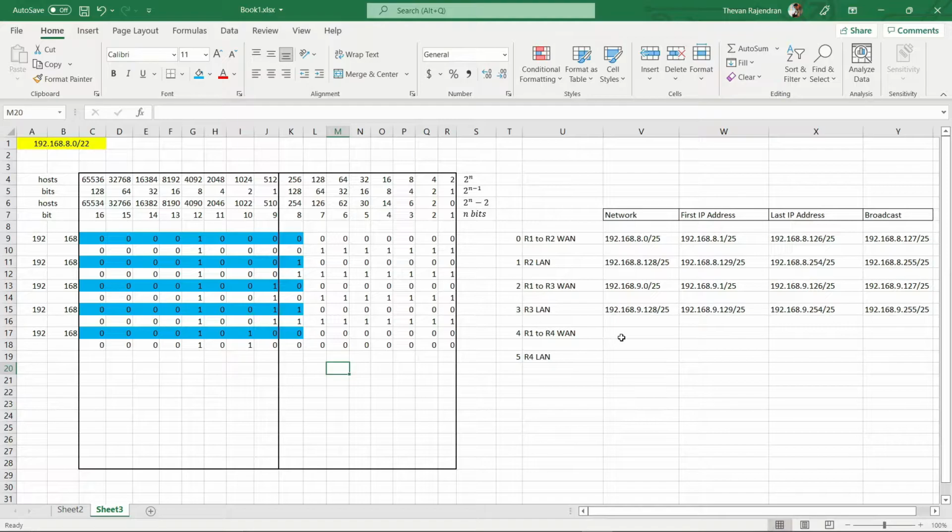So the network address here will be 192.168.10.0/25, since all the numbers in the last digit are 0. And for the broadcast address, 192.168.10.127/25, and the first and last IP address.